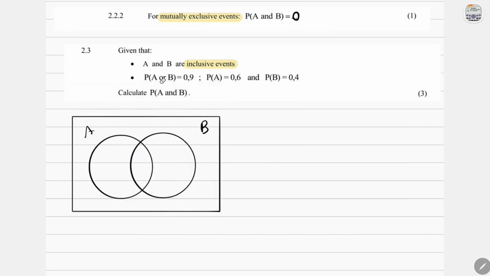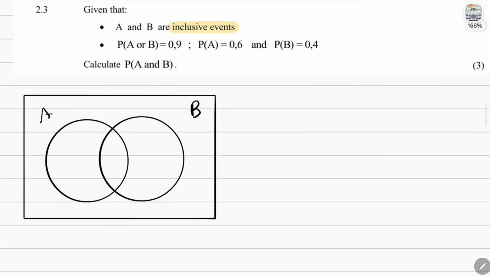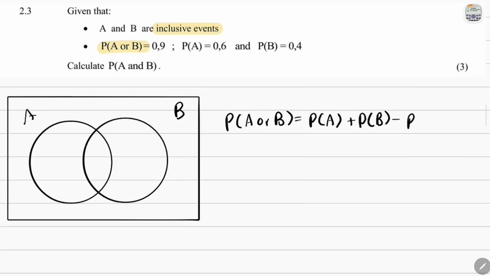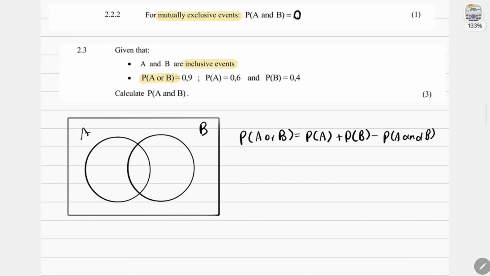And so the info that they've given us, and really what they want us to find, they gave us the probability of A or B. In the case where you have non-mutually exclusive events, inclusive events, then this is how we would calculate the probability of A or B. We say the probability of A or B is equal to the probability of A plus the probability of B minus the probability of A and B. And the whole reason we are doing this is because of this.